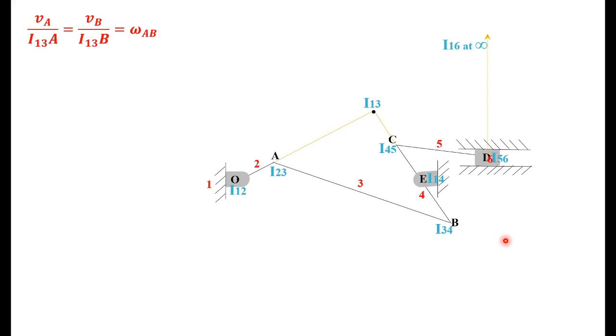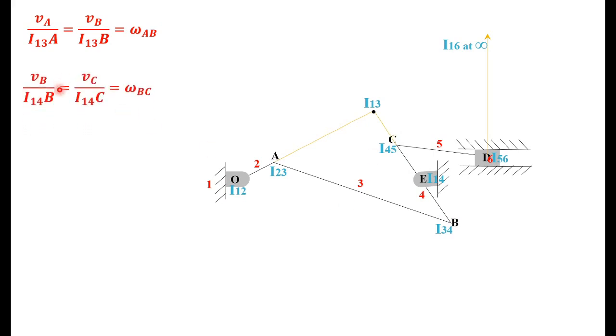Okay. Then how will you write the expression? VB divided by I14B, this distance, B to center distance, equals VC divided by I14C, C to center distance. That will be equal to omega of BC, fourth link.